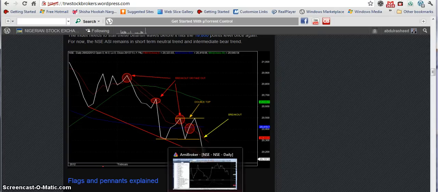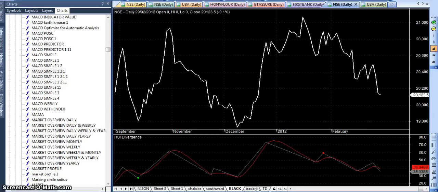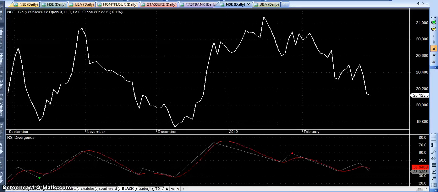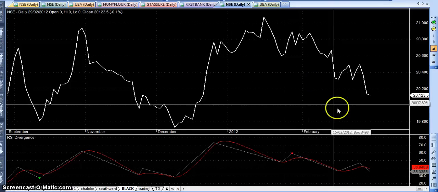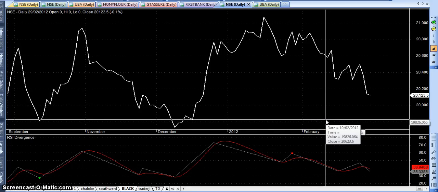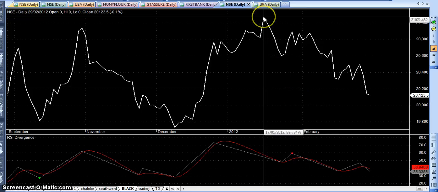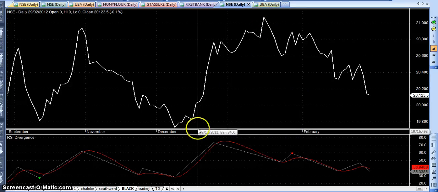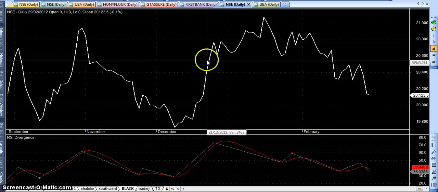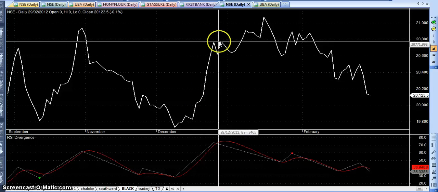So let's go to the chart and let me explain how I wrote in my report. Now this is the NSE ASI we are looking at. I brought it flat, and I did say that the trend line, the end of the bull trend, ended at this place, because the beginning of a bull trend is when you start seeing higher lows and higher highs, which we saw here.